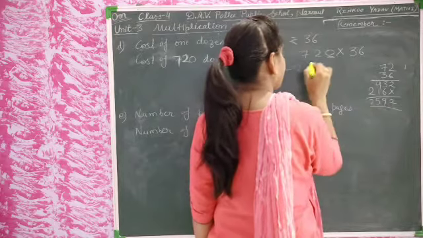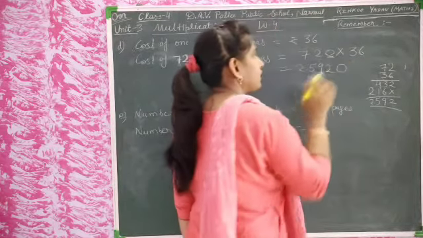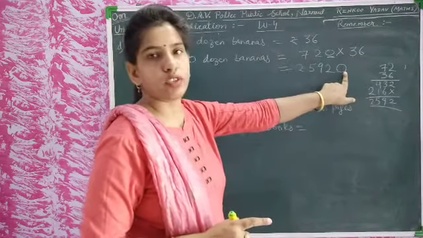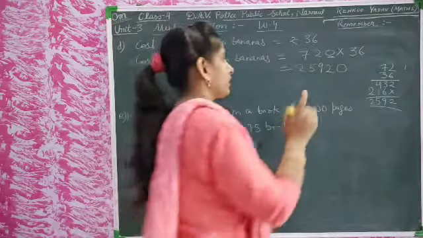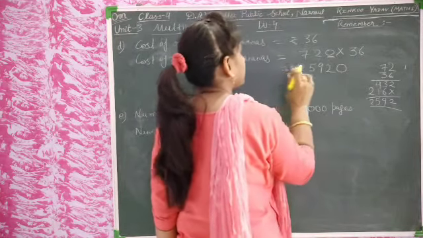This will get 2592, and there is a 0 on the right side. Then put in the product also 0 on the right side, and this is the cost here. So this is rupees.